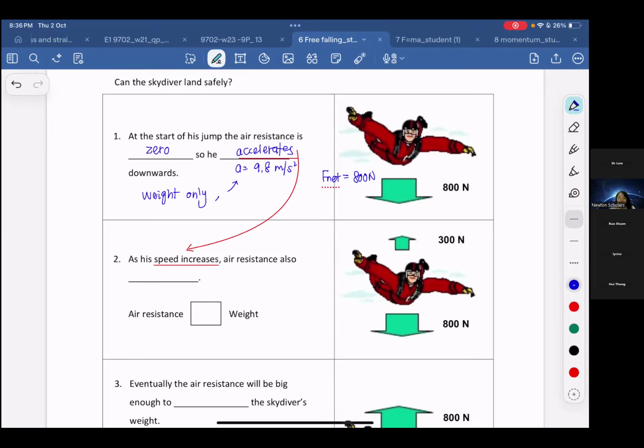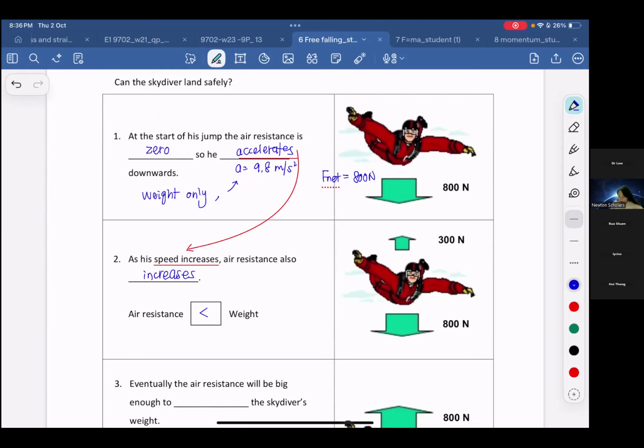When your speed increases, your air resistance will also increase. Imagine you are walking, you won't feel any air resistance. But when you start to run, you can feel the air resistance. So here we start to have air resistance, but the air resistance is still less than your weight.